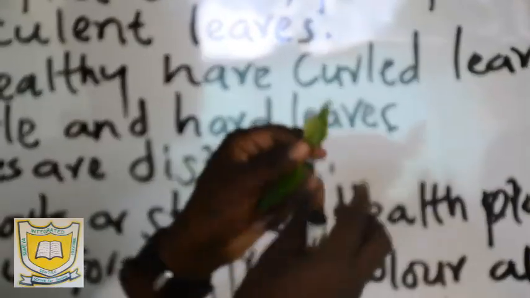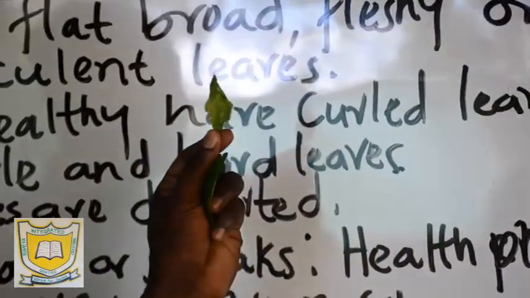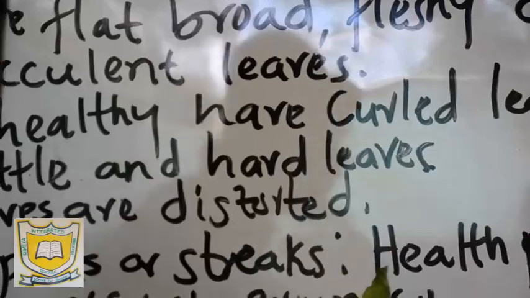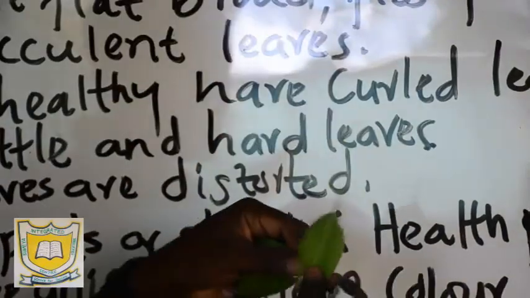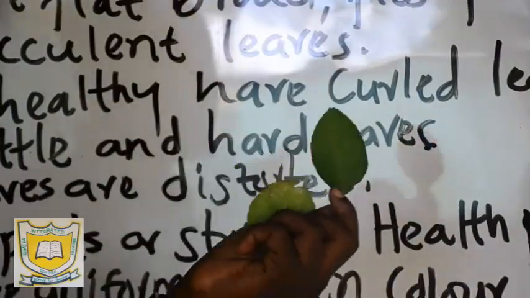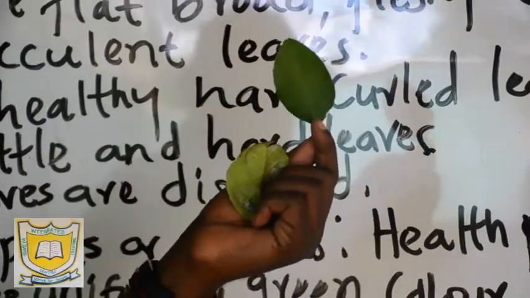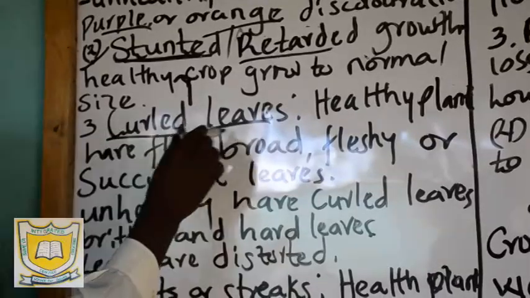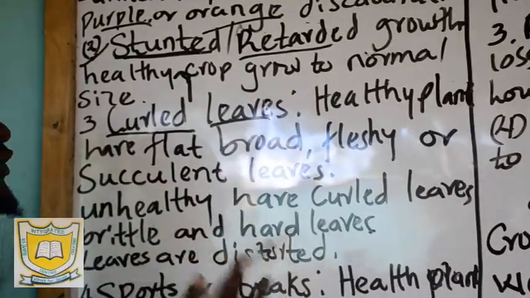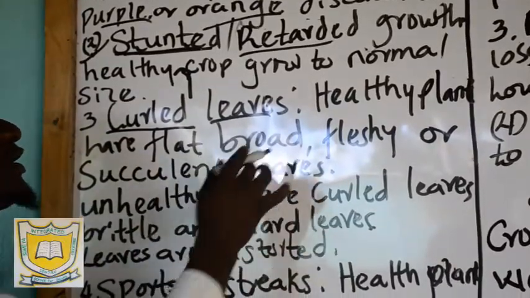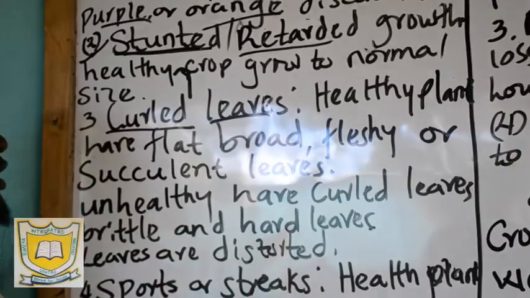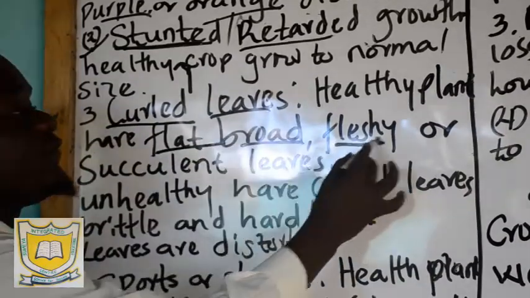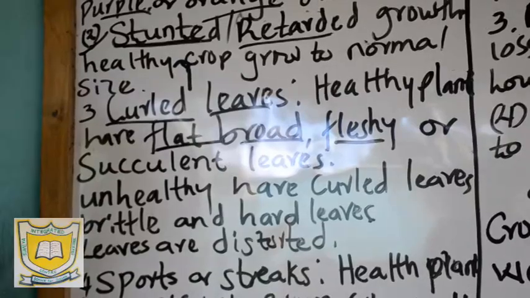If the plant has such leaves, it means the plant is not healthy, but it must have a flat and green leaf like this. This one shows that the plant is healthy. That is under the curled leaves. You look at the shape of the leaf of the plant. If it is curled, it means it is not healthy. But if it is broad, flat and fleshy, it means the plant is healthy.